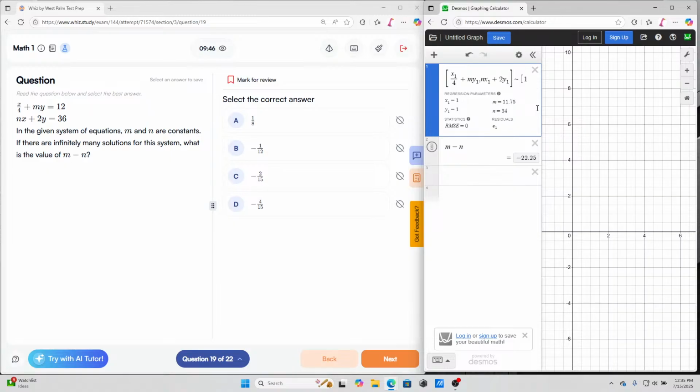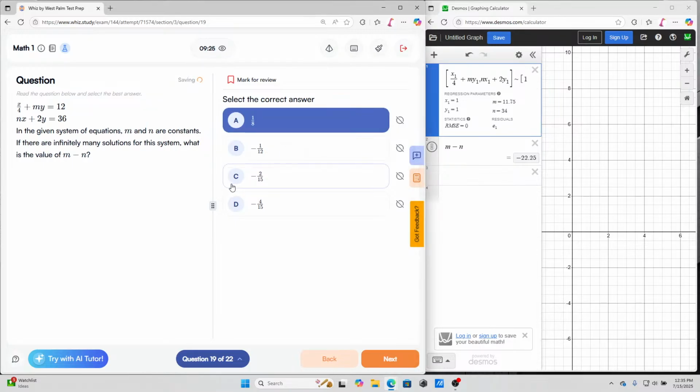How can we solve this here? So these two have to be the same, so maybe it's this one. That would be the slope then.